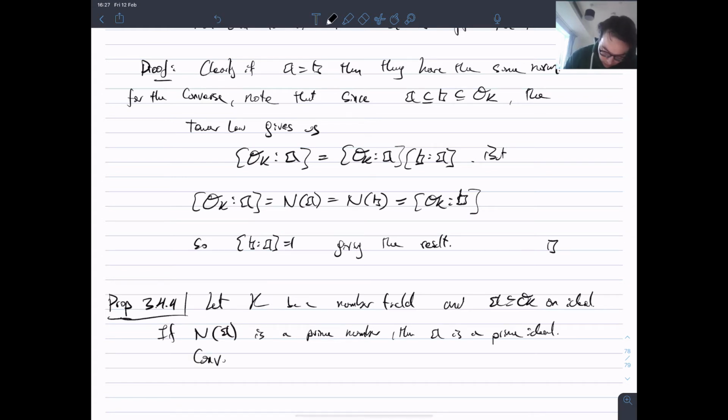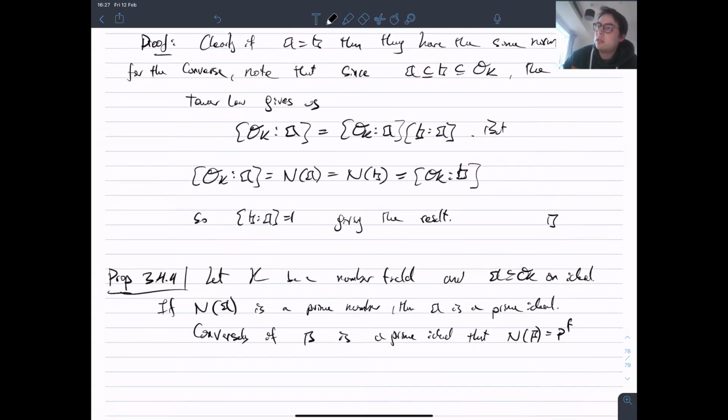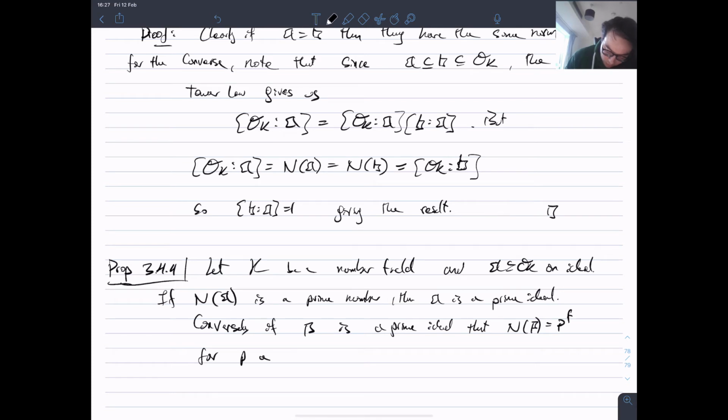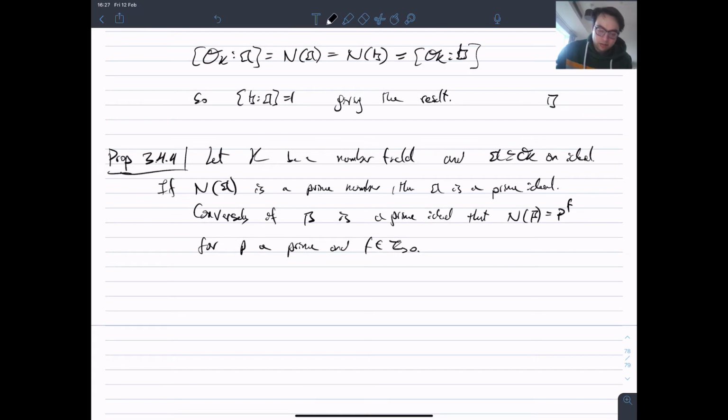And conversely, if P is a prime ideal, then the norm of P is going to be p to the f for p a prime number and f some positive integer. So if you have any ideal and you take its norm and you come out with a prime number, then that ideal will have to be prime. And if you have any prime ideal and take its norm, then it has to be a prime power.